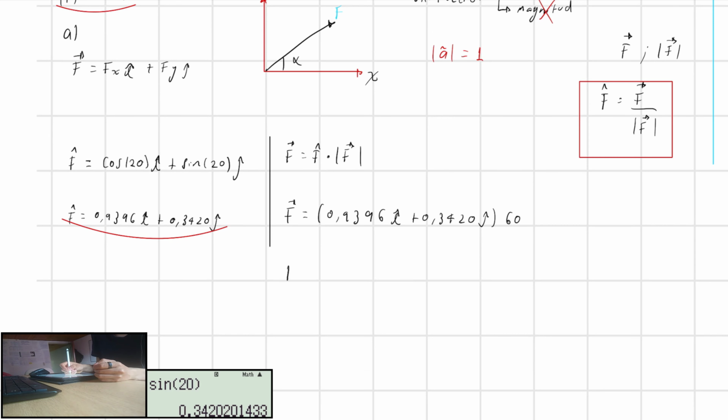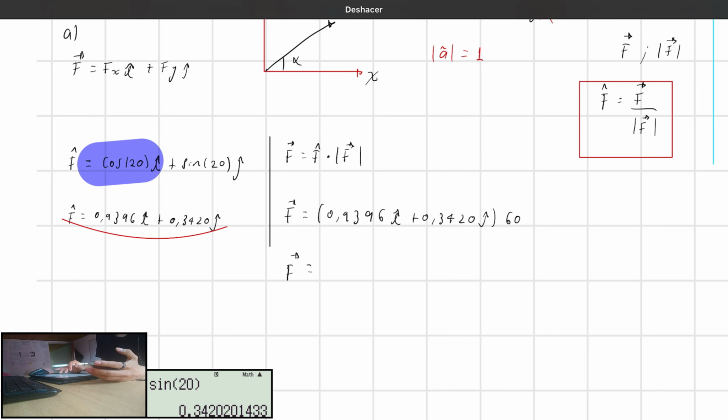At the end, the vector f, I want to use cosine of 20 and sine of 20, because since I'm not writing down these numbers, I'm losing, like, this is an error. You should use as many decimal numbers as you can. Always use 4, but if I am capable of taking all of them using these two, I prefer that.